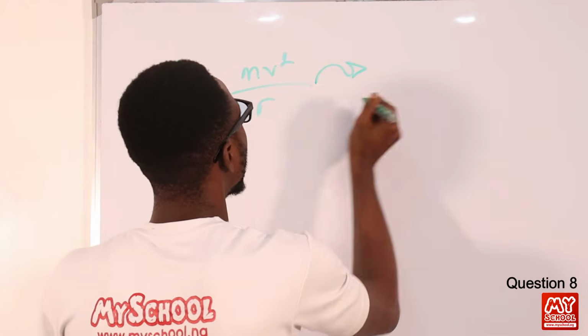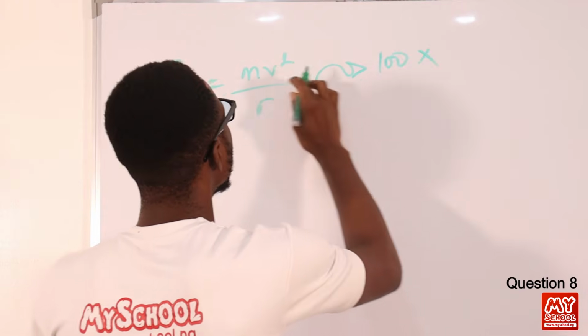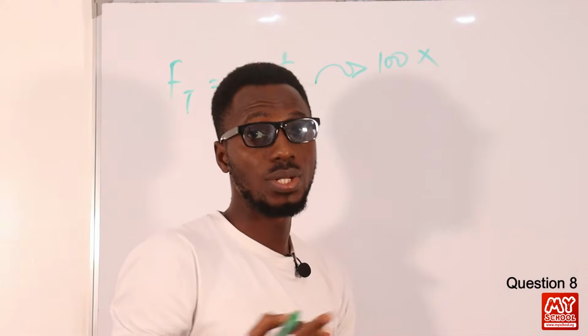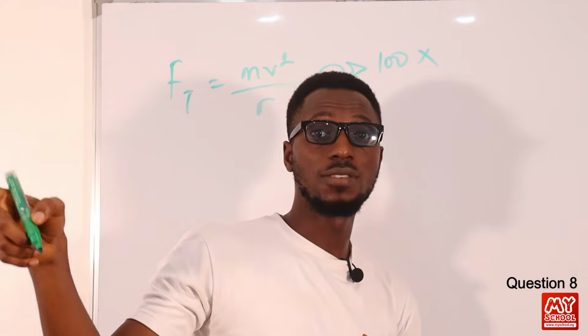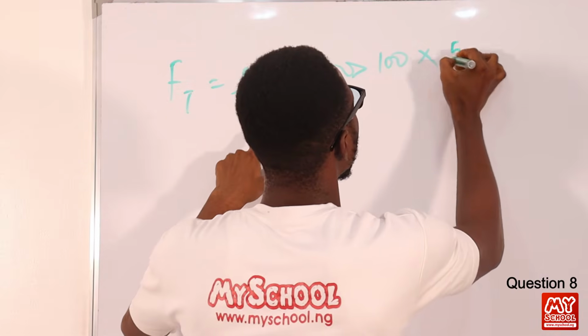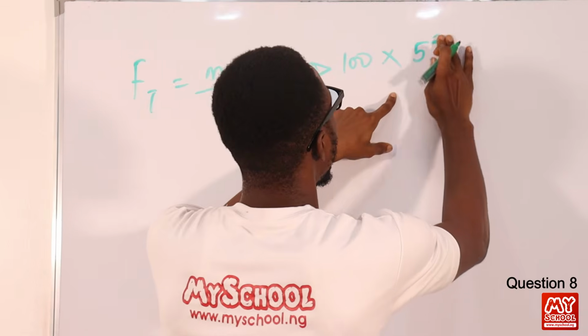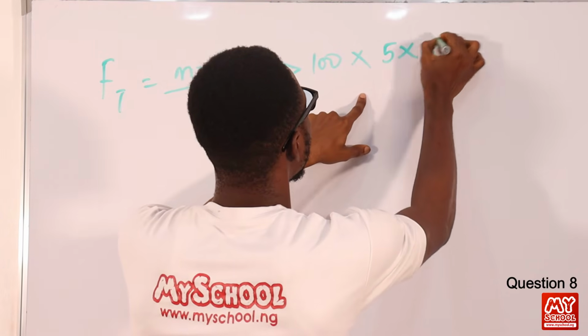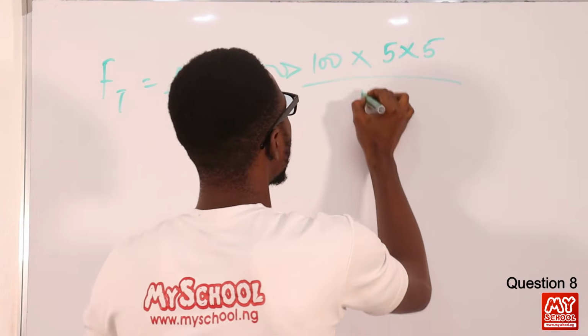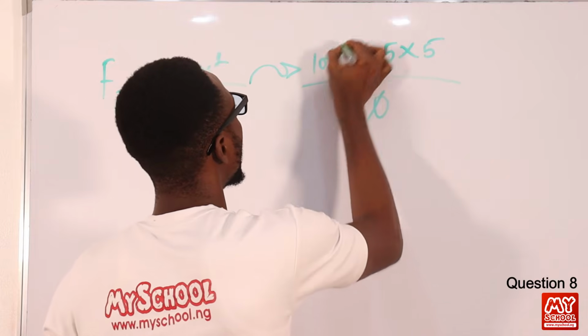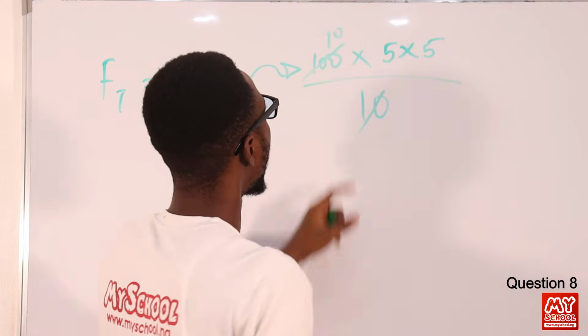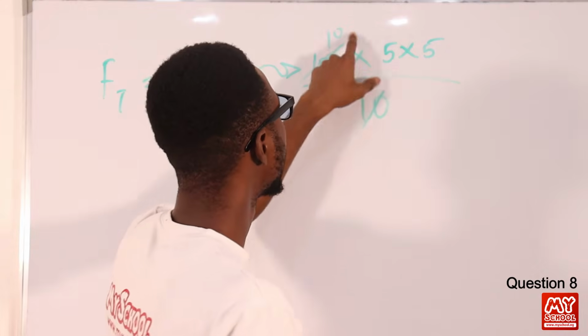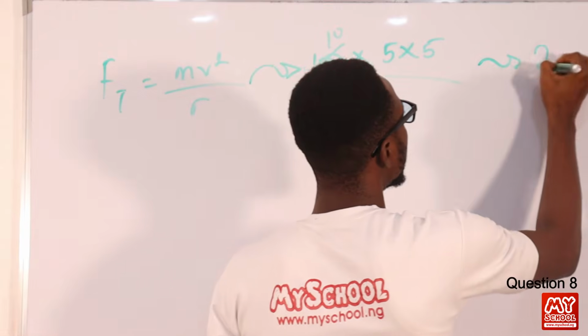So I have the mass, which is 100, times v, which is in meters per second, that is 5. So 5 squared, or 5 times 5, over the radius, that is 10. So 5 times 5 is 25, times 10, that is actually 250.